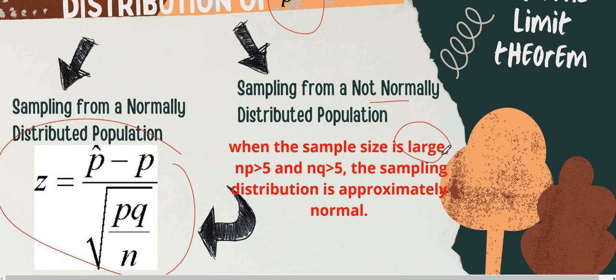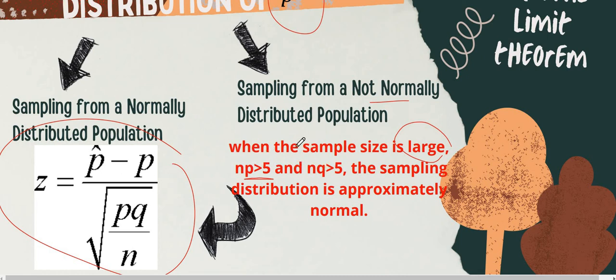That one is for the sample mean. But for proportion, it is considered large when NP, N times P, where N is your sample size and P is your proportion of success, is greater than 5, and also NQ is greater than 5. It must be both.